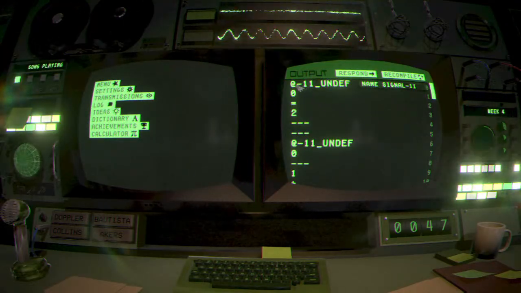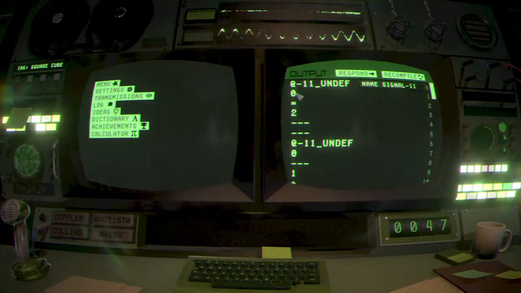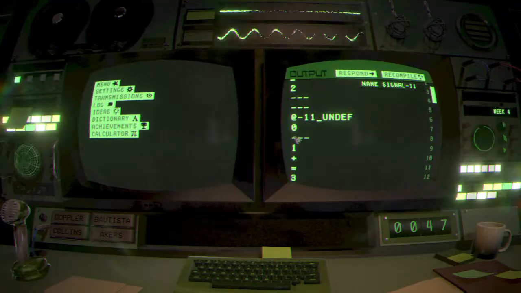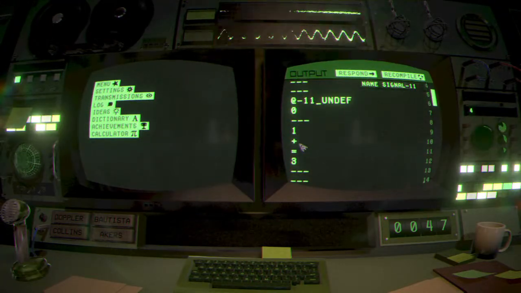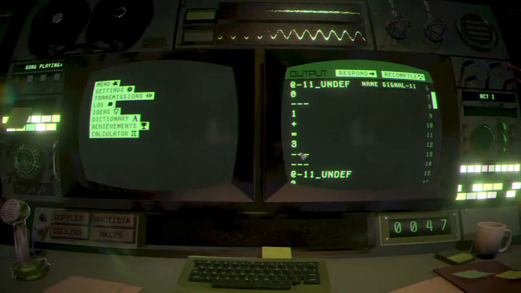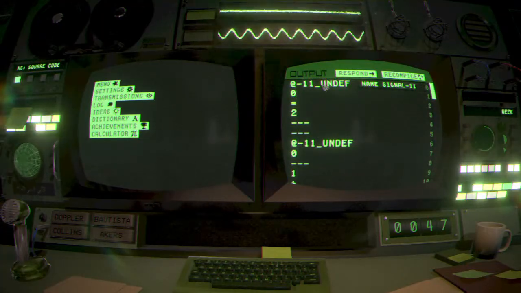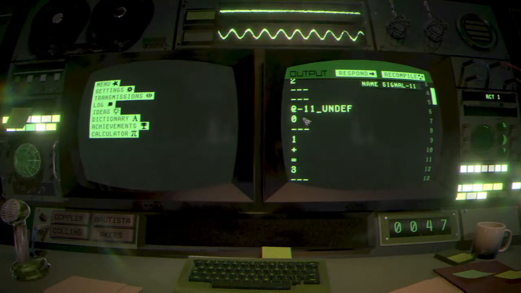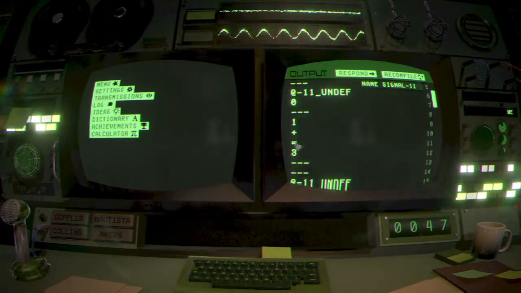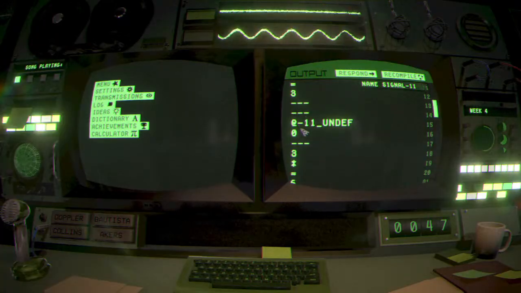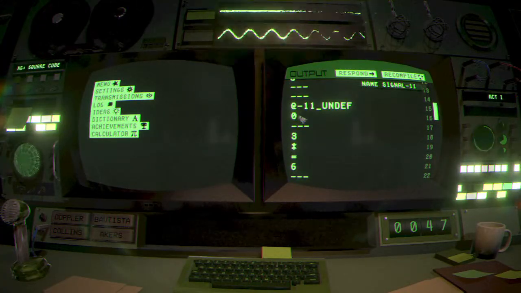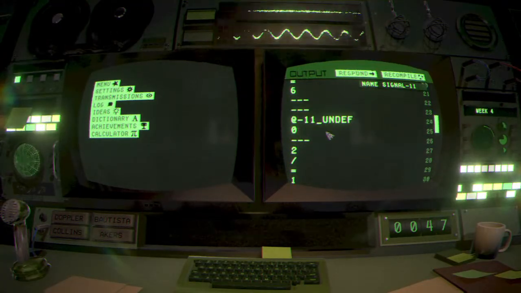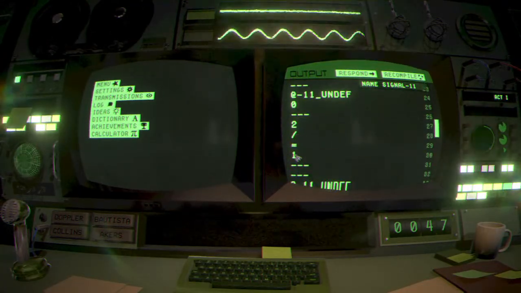Well anyway. New symbol 0 equals 2. New symbol 0 1 equals 3. So wait, new symbol with this 0 is equal to 2. New symbol with this 0 plus 1 equals 3. New symbol 0 times 3 equals 6. New symbol 2 divided together equals 1.